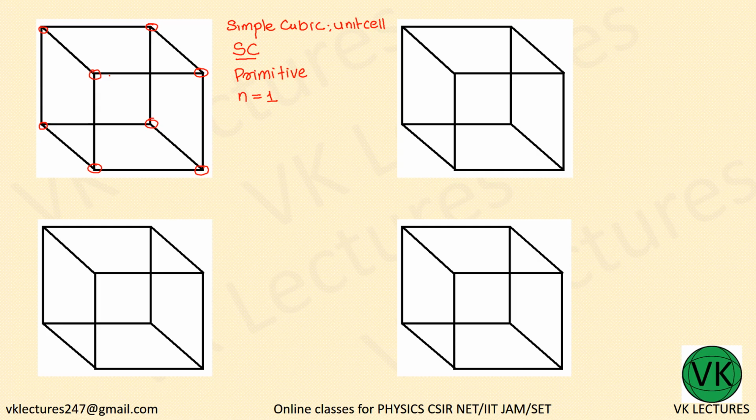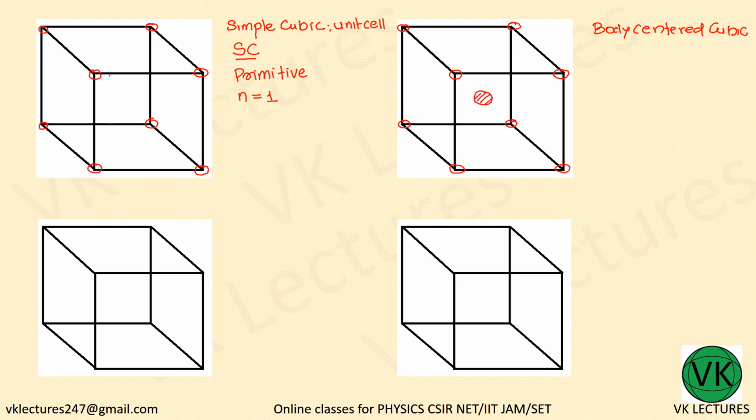Okay, now coming to the second one, here we have the body centered cubic. Along with all the corners of this cell being filled, at the center of the body of the unit cell you have one more atom.